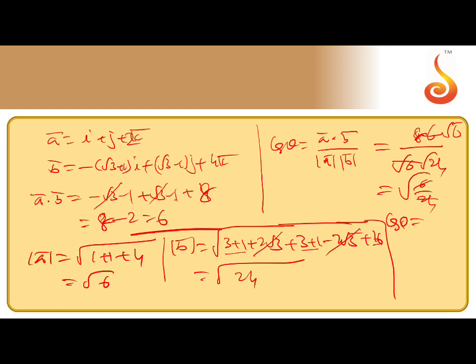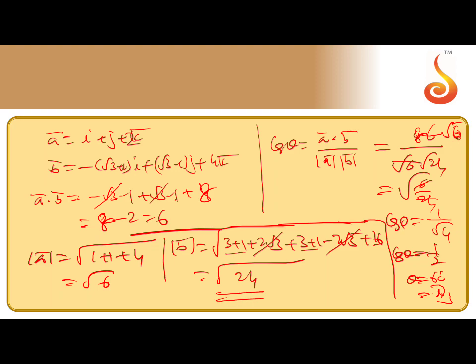So A dot B is 6, correct only. 6 by, that means correct only. 1 by root 4 means cos theta equal to 1 by 2, theta equal to 60, that is pi by 3. Correctly what you did. So sometimes in calculation also, be careful.